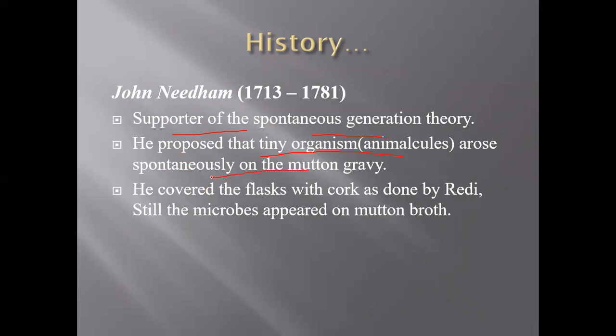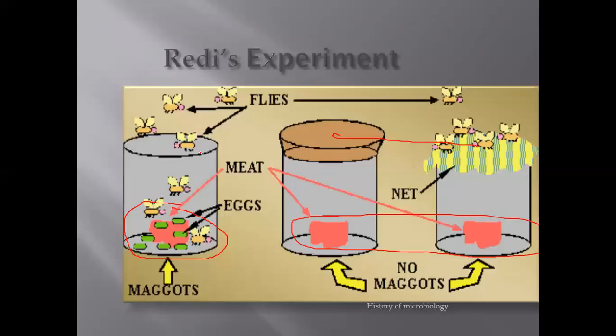For that, he covered the flasks with cork, as done by Redi. Three flasks were covered with cork on the neck. After some days, he showed that larvae were born automatically. So he strongly said that living organisms can grow from non-living materials.